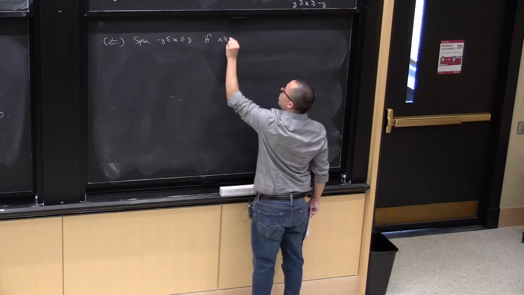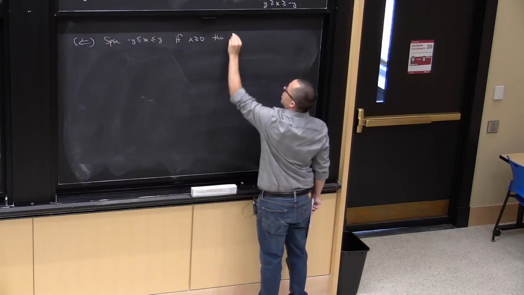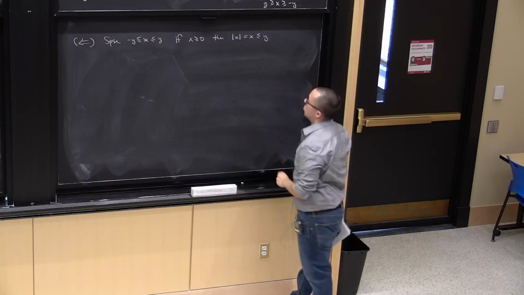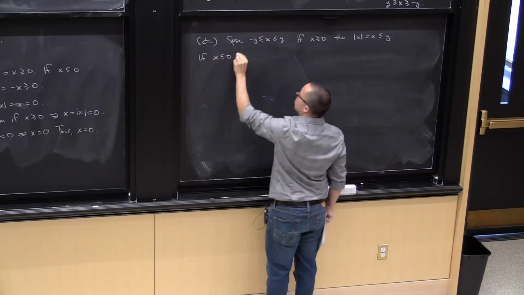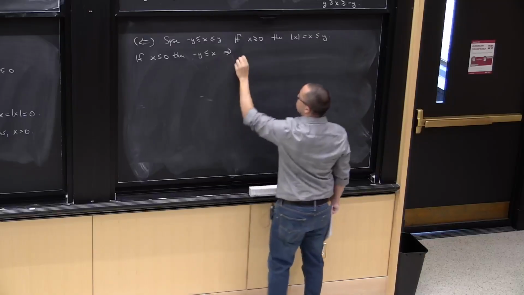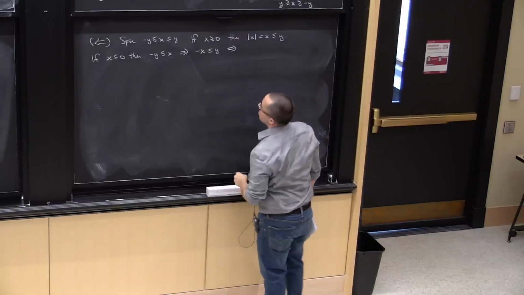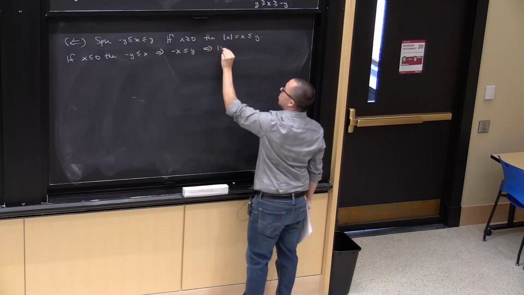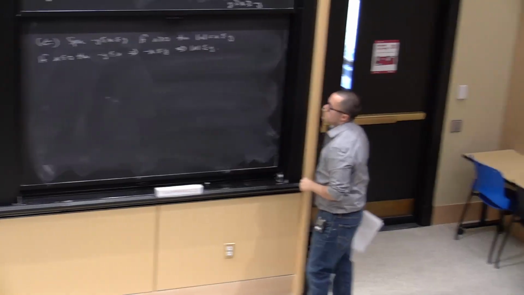So if x is bigger than or equal to 0, then the absolute value of x is equal to x, which by this inequality is less than or equal to y. If x is less than or equal to 0, then minus y is less than or equal to x, implies that minus x is less than or equal to y. And because x is negative, minus x is equal to its absolute value. And therefore, we've proven the absolute value of x is less than or equal to y.